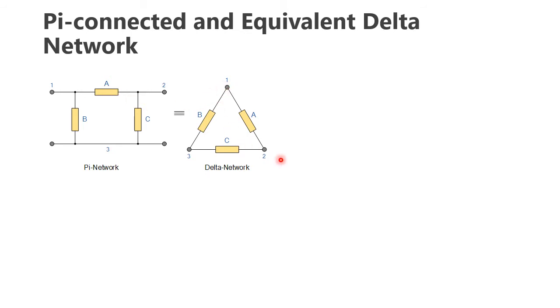Point 2 to 3, resistor C is connected, and point 1 to 3, resistor B is connected. So we can derive this pi network as the delta network. These are almost the same, the equivalent circuit.